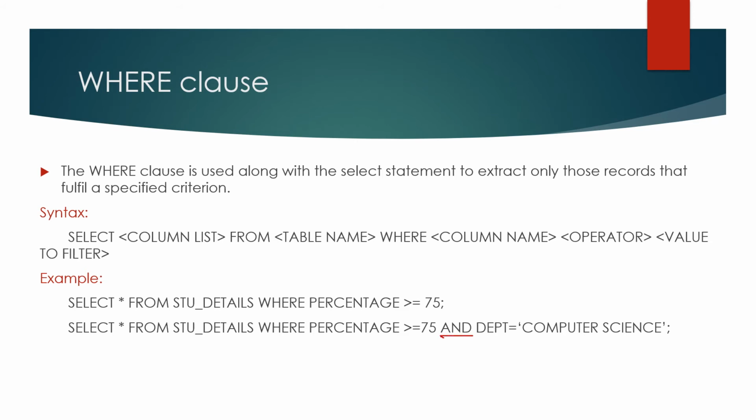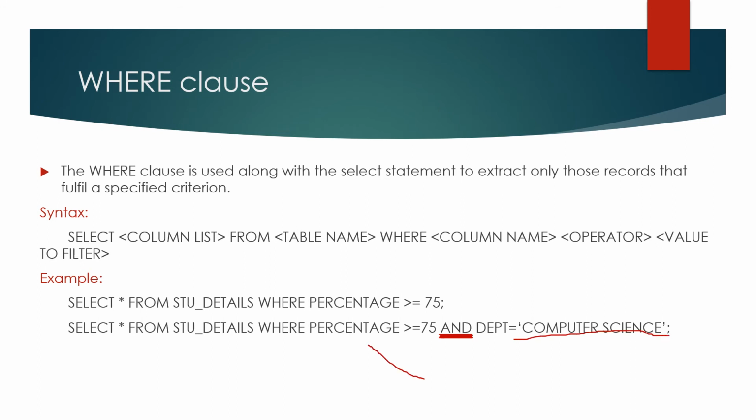are separated by the logical operator and. The logical operators and the other operators will be discussed in the next session. As we know how the logical operator works, let's see it. So this query will display the list of students who secured above 75% and who belong to the computer science department.